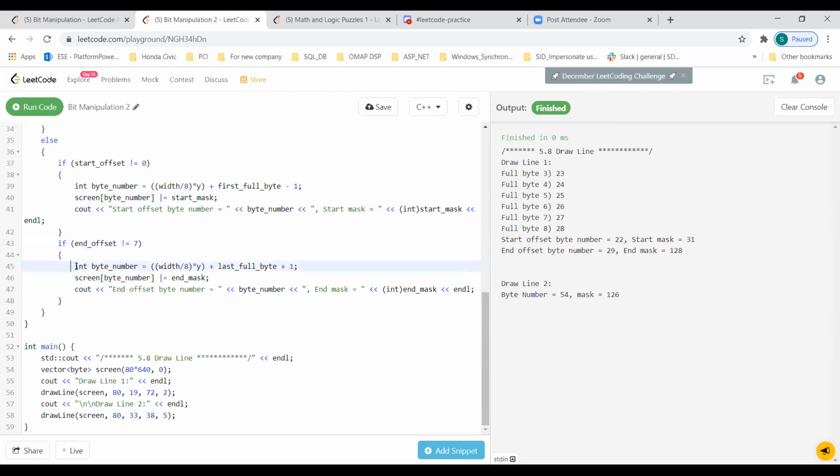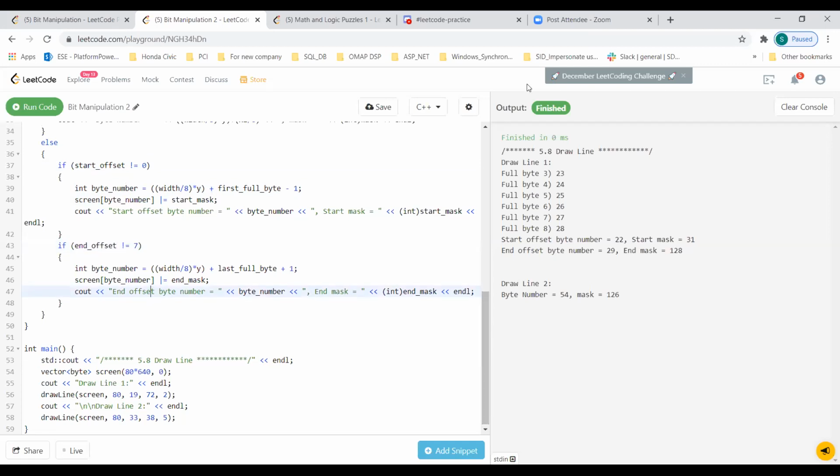So this is my first case, and this is going to be my second case. If my start offset is not equal to 0, and my end offset is not equal to 7, in that case, these are the two things I have to change.